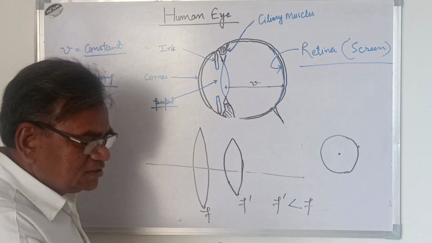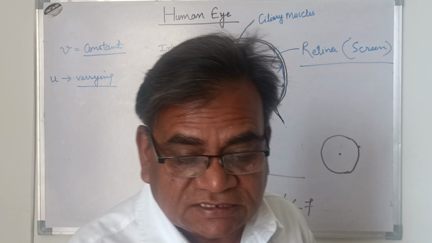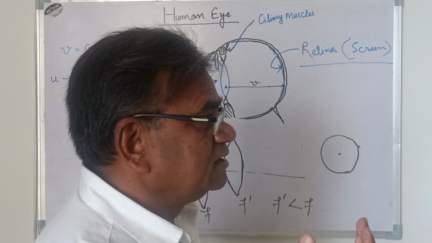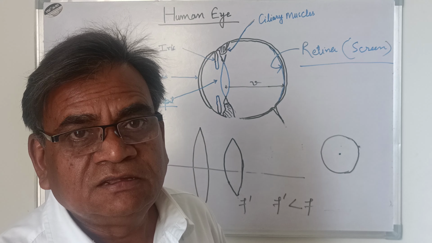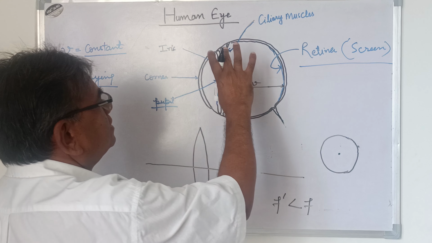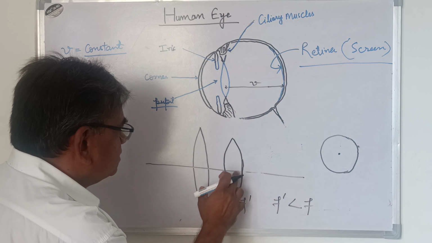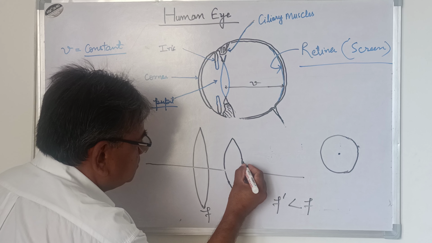And when we see very fine things, you feel some stress. You read very small letters, then you have to look carefully, which means you are putting stress on the ciliary muscles. These muscles act in such a way that this lens made of jelly-like material attains this shape and becomes thick.